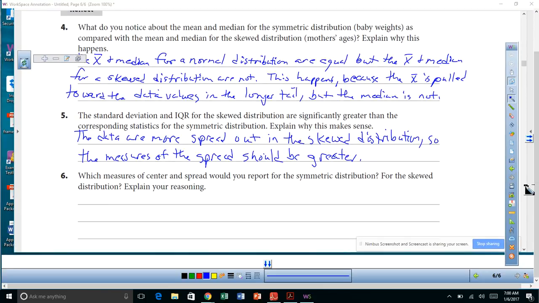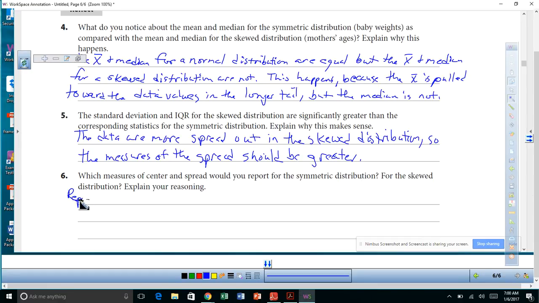Which measures of center and spread would you report for symmetric distributions or normal distributions? And which measures of center and spread would you report for the skewed distribution? Explain your reasoning. Okay, let's see.